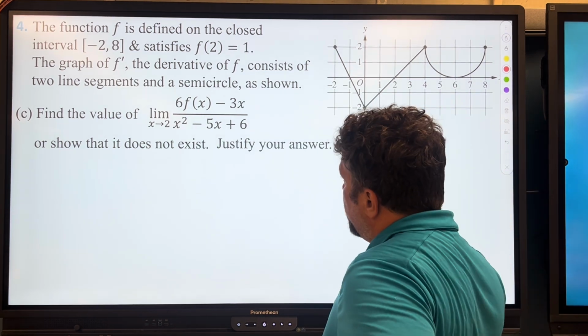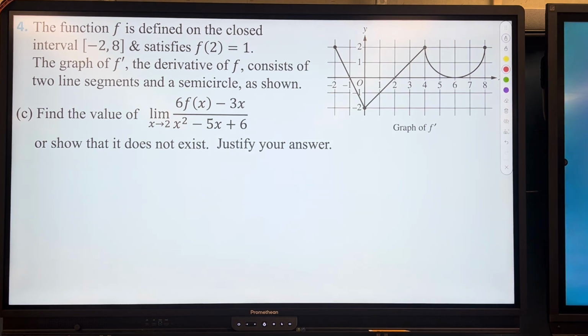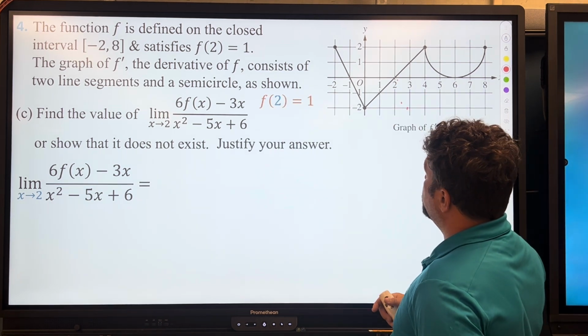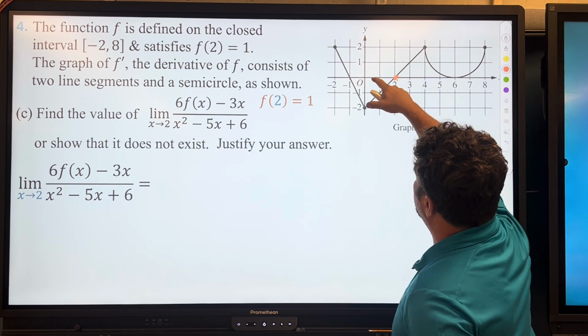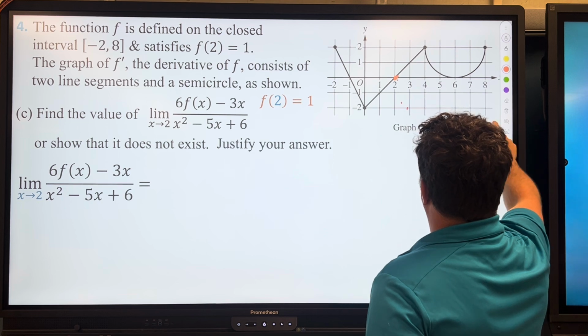Well, the first thing you know with L'Hopital's rule is you take the highest degree term on the top and the bottom. The second thing you know is if that doesn't work, say I went to type in a 2, what's f of 2? F of 2 right here is 1. How do I know that? Wait a second, this is the graph of f prime. Sorry.